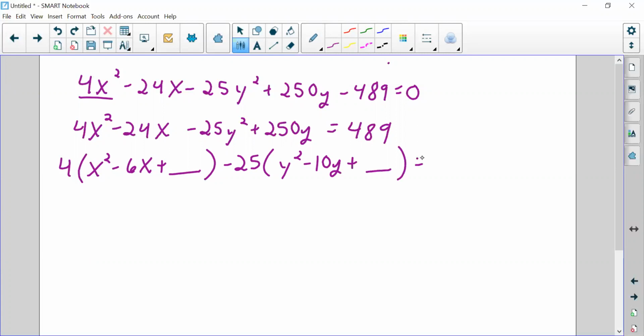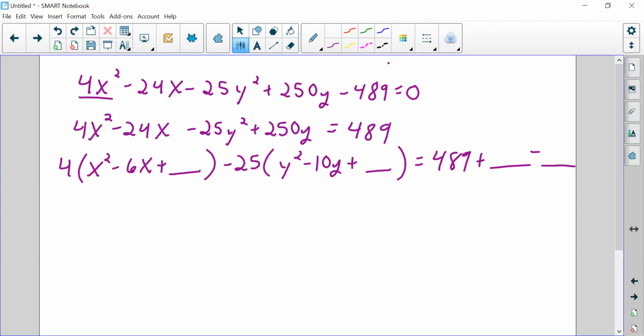Plus blank equals 489. Now, normally with the ellipse, I did plus blank plus blank. If you notice, this term times this positive is going to give me a positive. So I'm going to add that term. But positive here times a negative will always give me a negative. So I'm actually subtracting that second term.